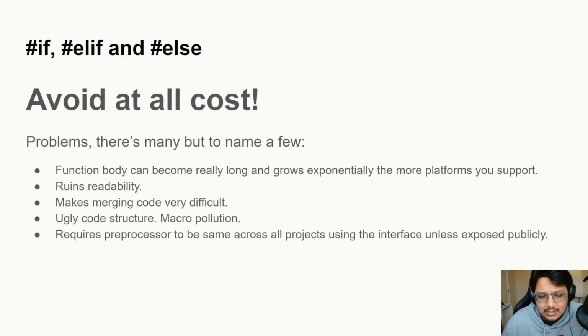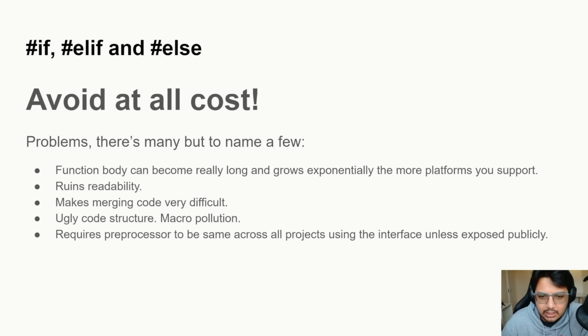That is just one example, which is creating the graphics device. When it comes to graphics programming, creating the graphics pipeline would take a lot more lines of code, right? And I'm sure it's the same for any other field. So the function body can become really, really long, especially with more platforms you're supporting.